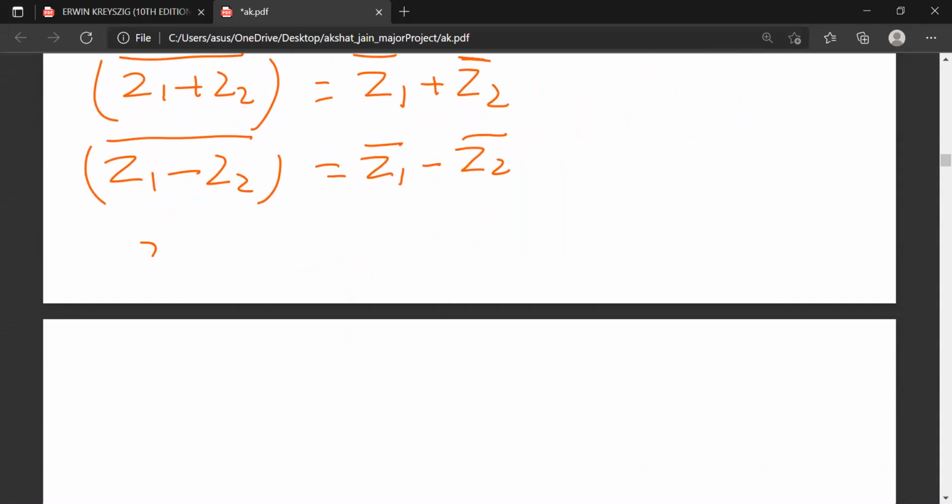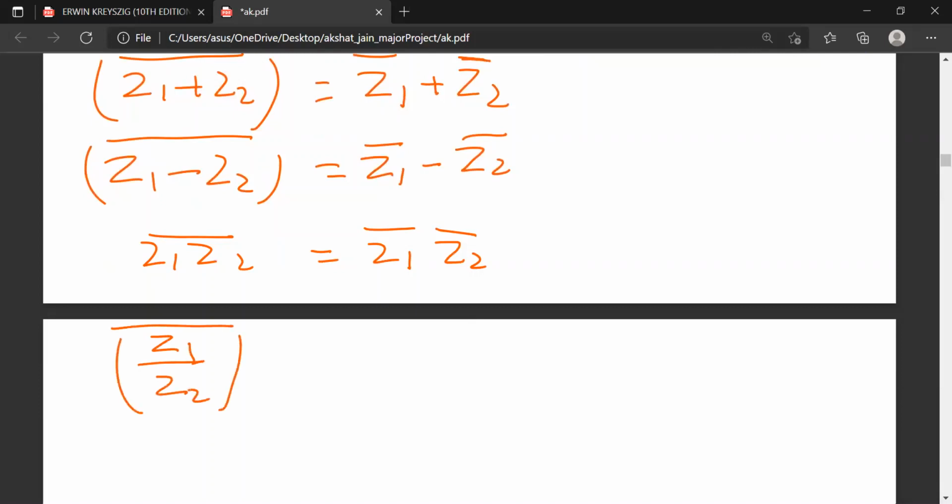Some more: the conjugate of z1 into z2 we can write as z1 bar z2 bar. And one more: the conjugate of z1 by z2 we can write as z1 bar by z2 bar.